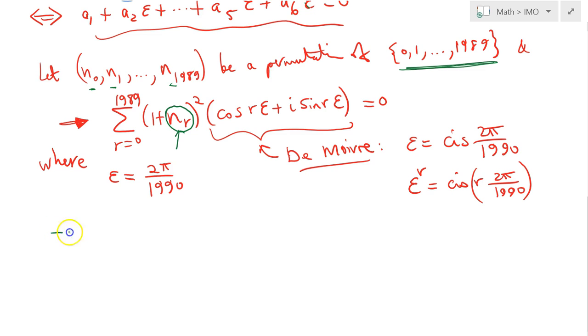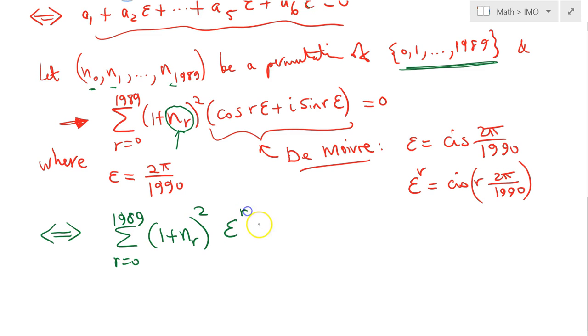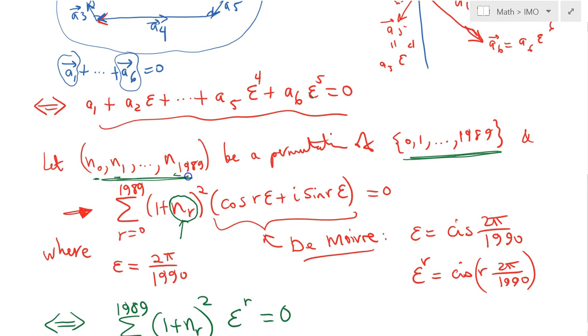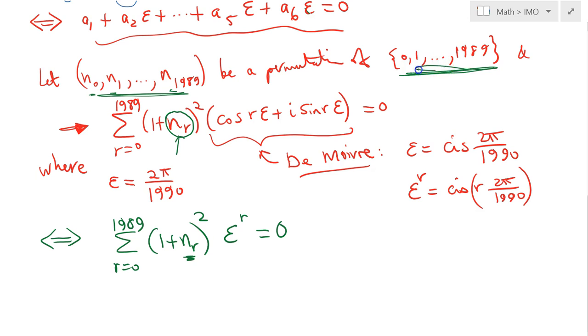Let me equivalently express this as the sum from r equal to 0 to 1989 of, by de Moivre, epsilon to the rth power is equal to 0. So this follows directly from the lemma. Now the only thing remaining is to find the relevant permutation of these numbers here.